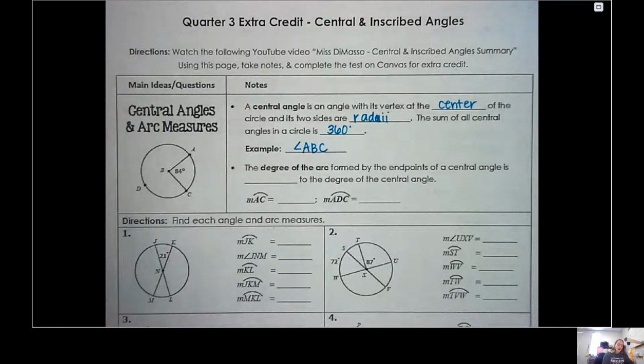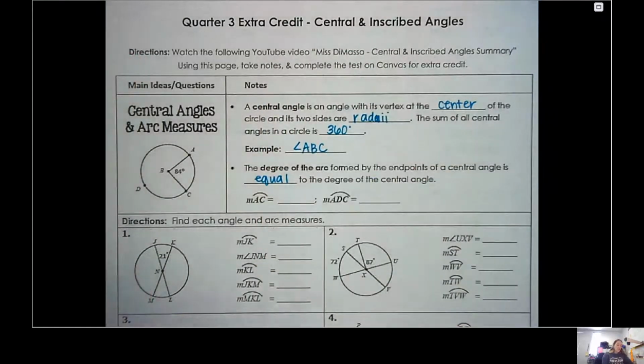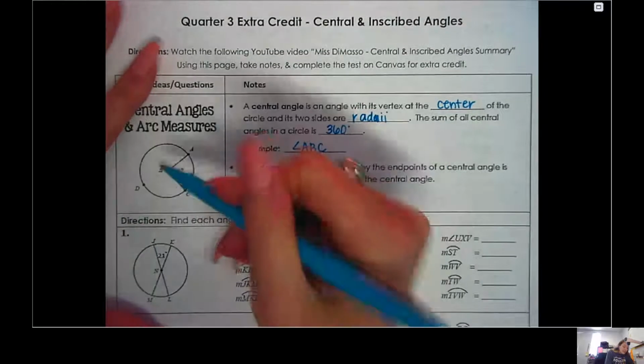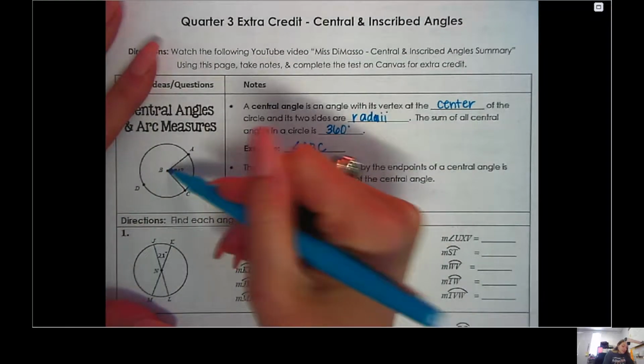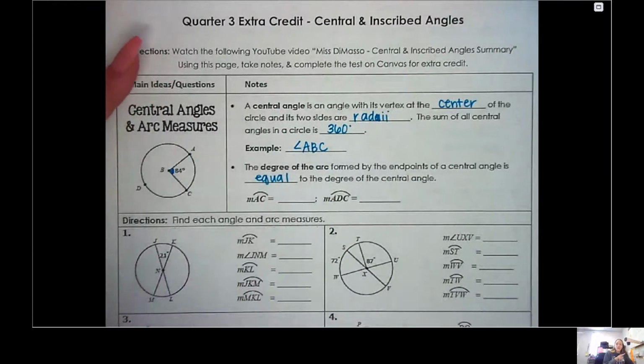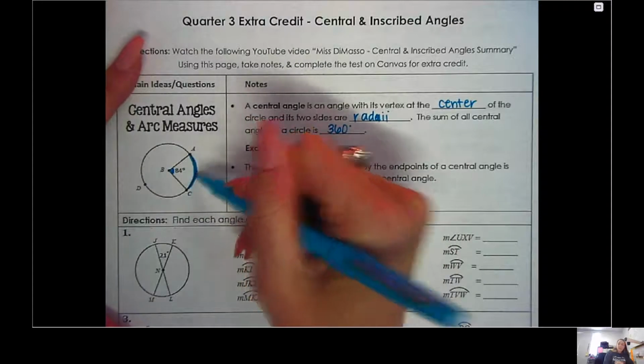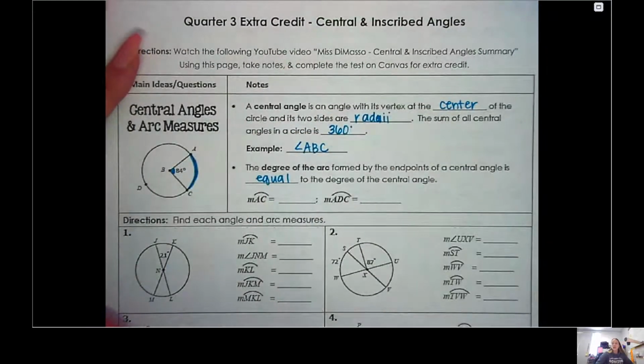The degree of the arc formed by the endpoints of the central angle is equal to the degree of the central angle. Here my angle at the center is 84 degrees. The arc is part of the circumference, part of the edge of the circle, and the measure of this arc is exactly the same as the angle itself.